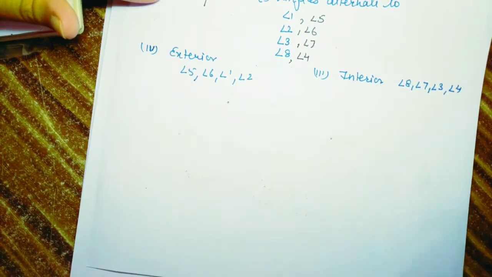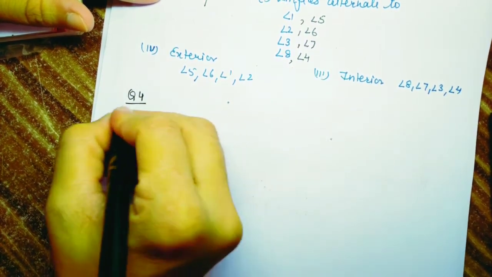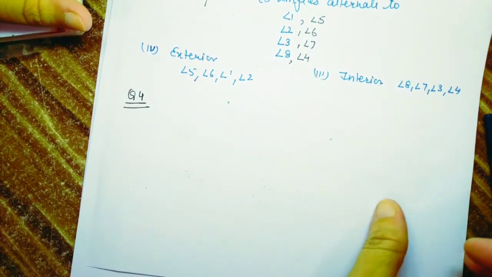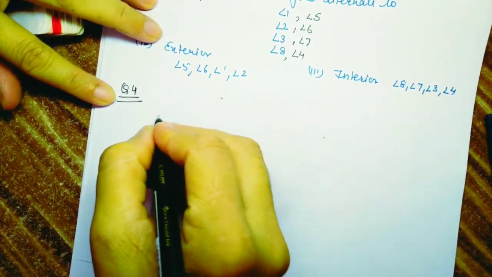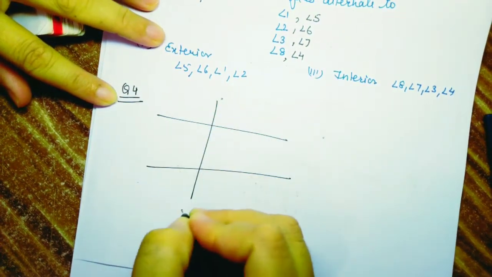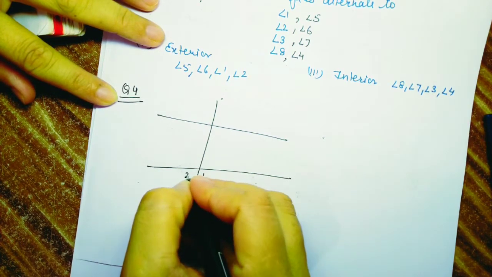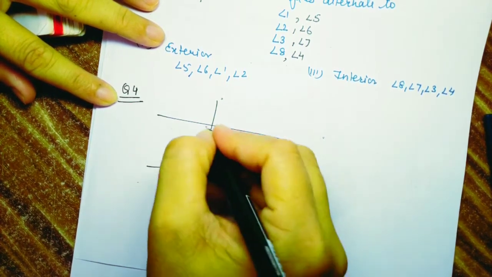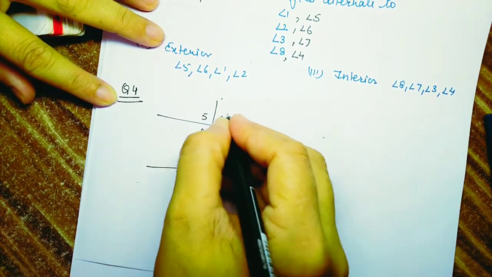In question number 4 they have given, in the figure of question number 3, the figure is like that, and the angles are angle 1, 2, 3, 4, 5, 6, 7 and 8.